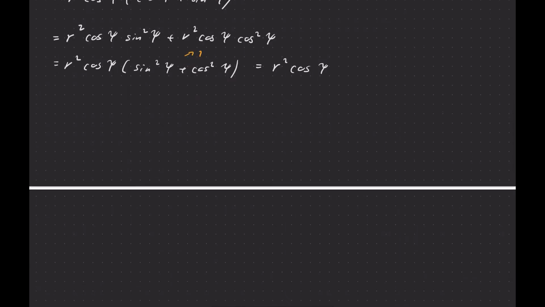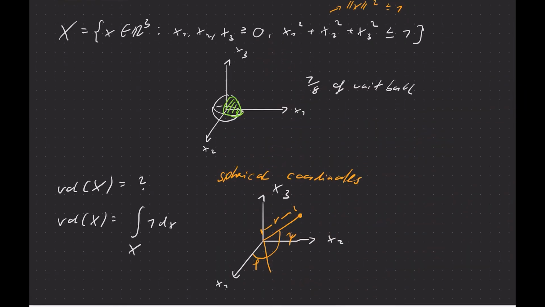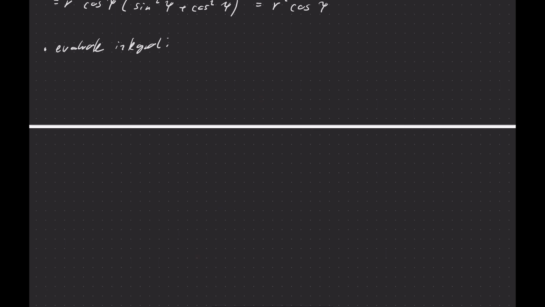And now we can make use of it to evaluate the integral here. Remember, what we wanted to integrate was this area x here, the positive eighth, if you want, of the unit ball. Now first we need to describe that in terms of spherical coordinates. And that can be easily described as r, phi, psi, like this.